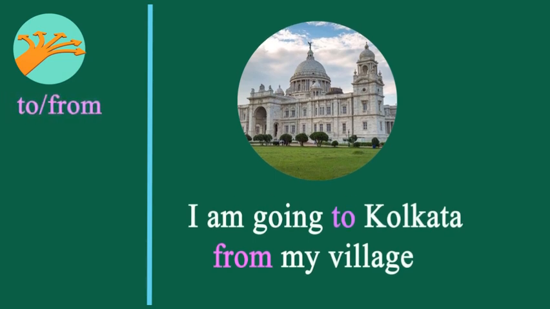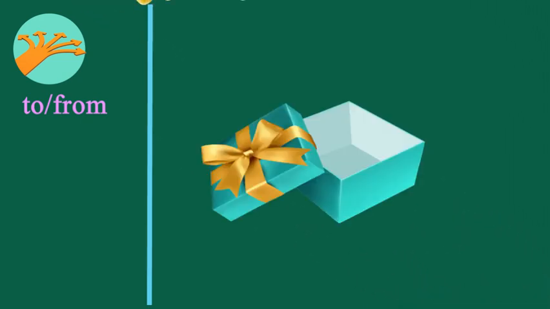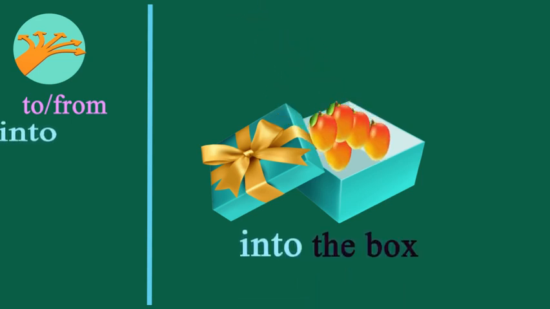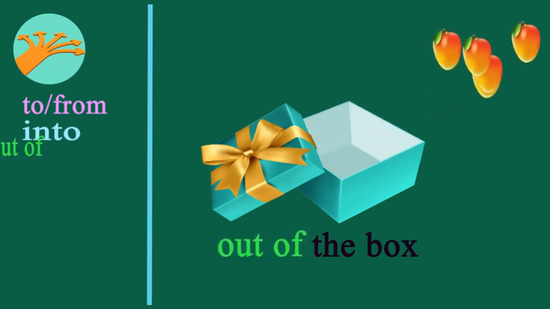There is a movement from my village to Kolkata. So to and from both are prepositions of direction or movement. Into the box. Here also movement. Out of the box. This also implies movement.